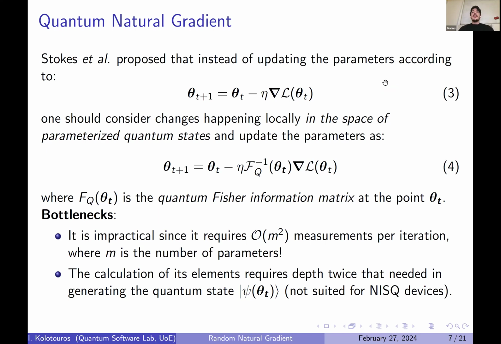So what they actually did is they preconditioned the gradient of the loss function by the inverse of the quantum Fisher information matrix.